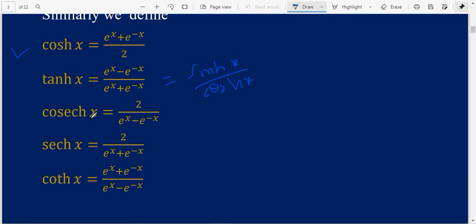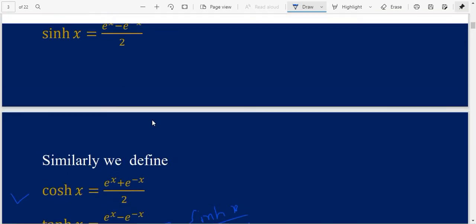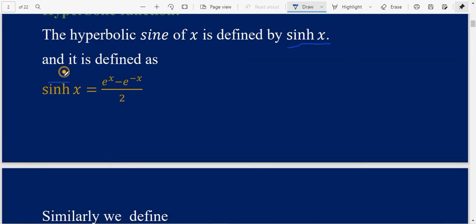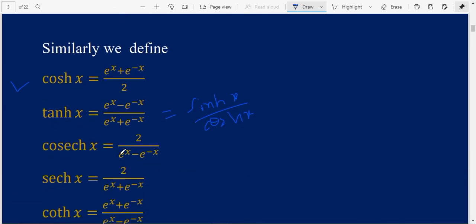Cosec hyperbolic x is equal to 1 upon sine hyperbolic x, so it is 2 upon e raised to x minus e raised to minus x.